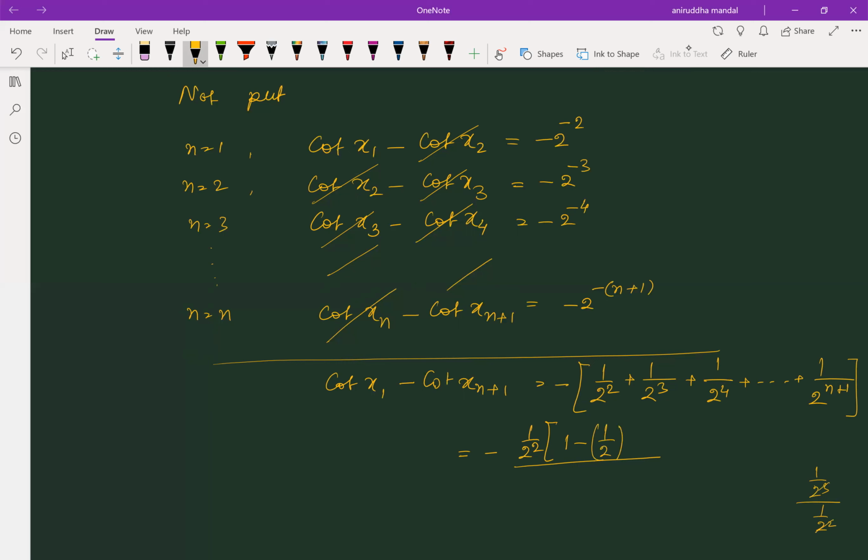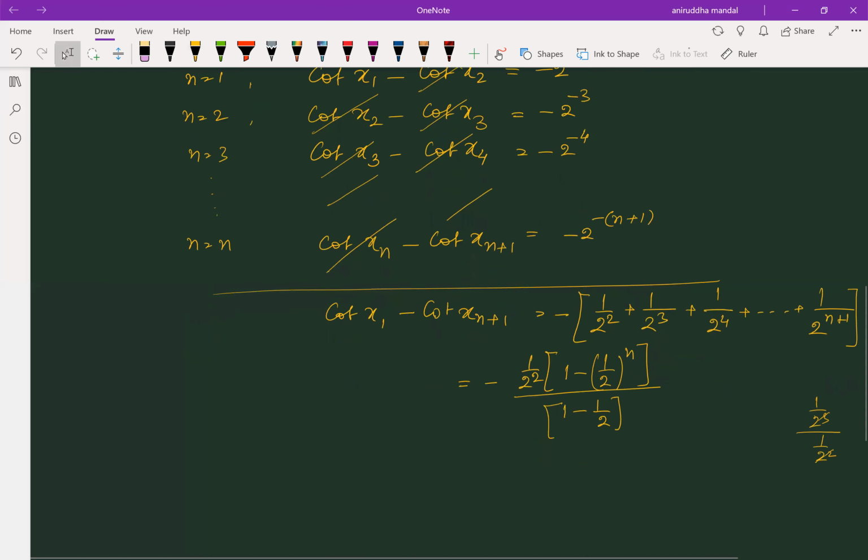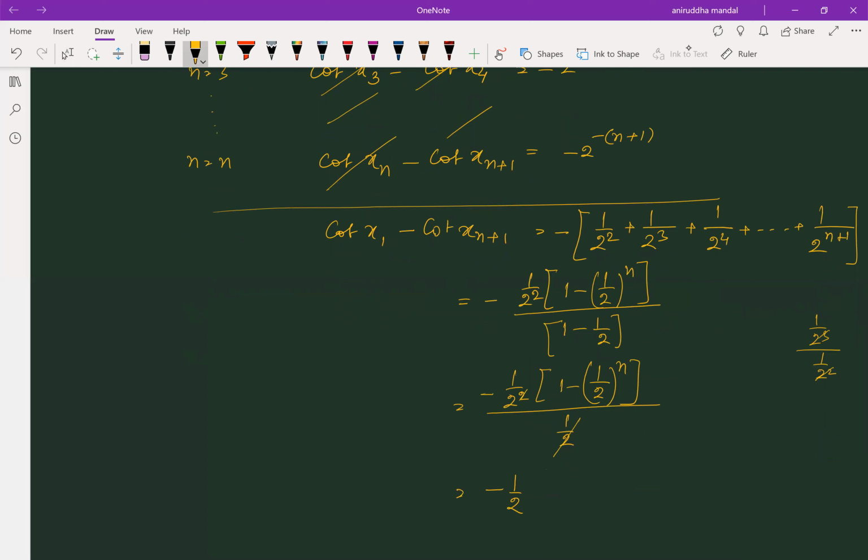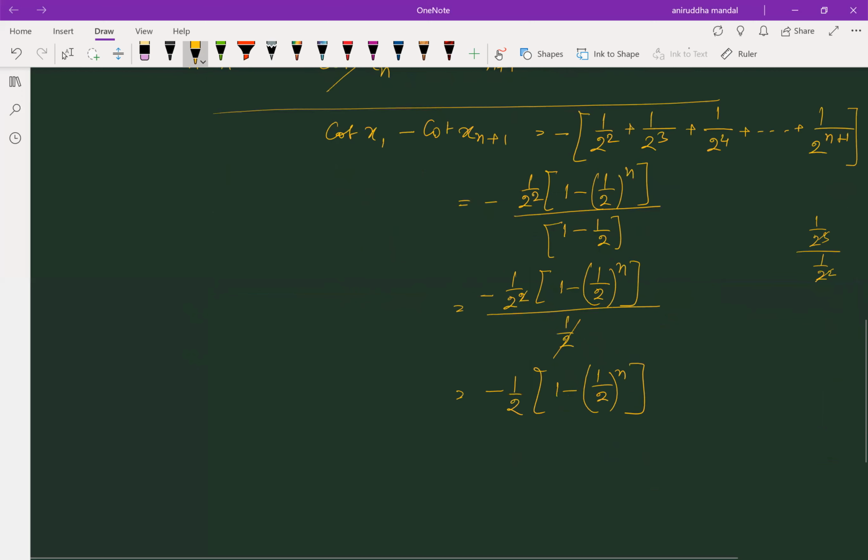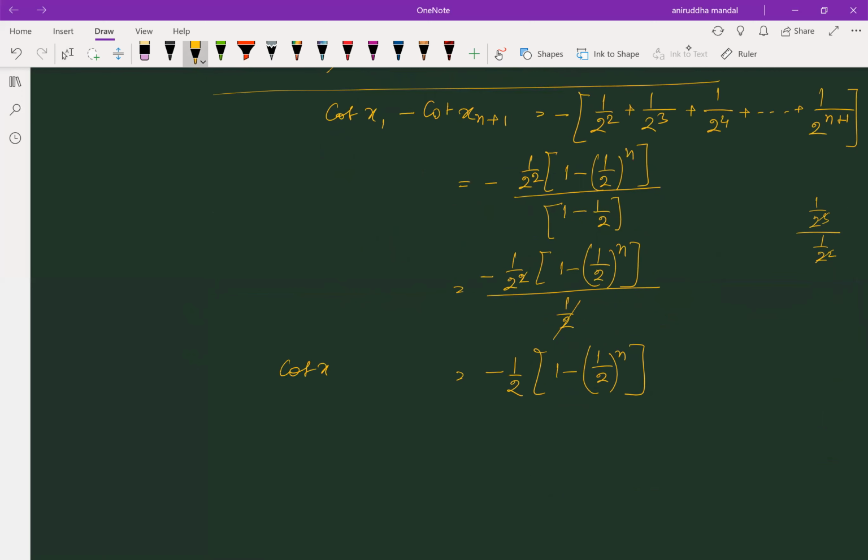The sum is the first term times 1 minus r to the power of the number of terms, divided by 1 minus r. The number of terms is n because it starts from 2 and goes to n+1. So on the right hand side we have (1 by 2 square) times (1 minus 1 by 2 to the power n) divided by (1 minus 1 by 2). The 1 by 2 gets cancelled, so we get 1 by 2 times (1 minus 1 by 2 to the power n).